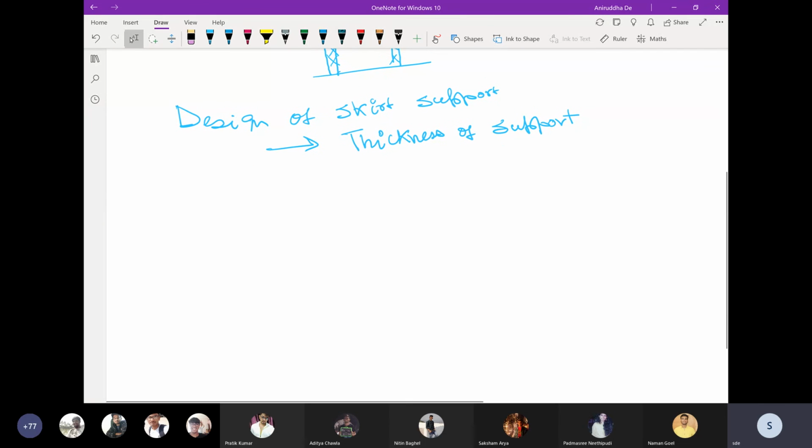So skirt wall thickness is the main objective of this particular exercise.